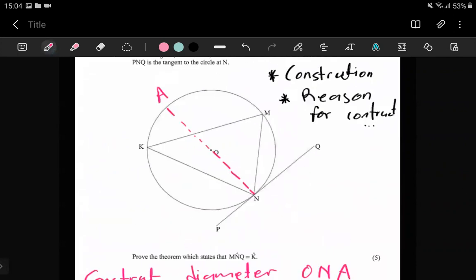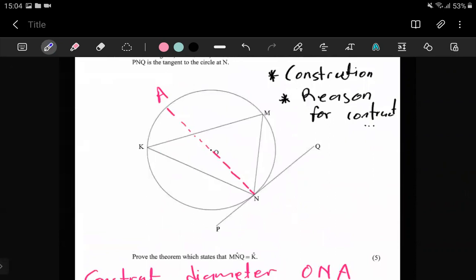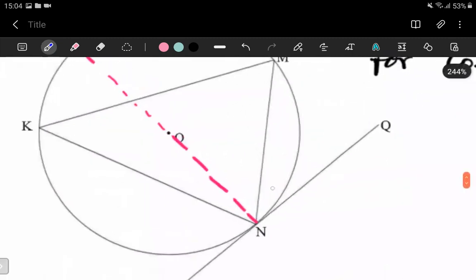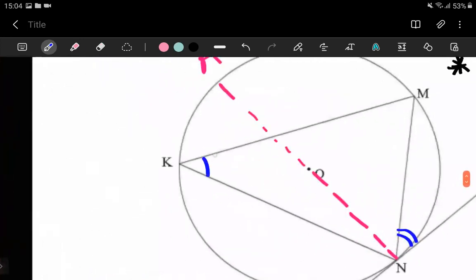Before we draw our second line, let's explain what our construction is supposed to do. Firstly, if you're gonna prove the Tan Chord theorem, you are trying to prove that the angle here is equal to the angle over there.